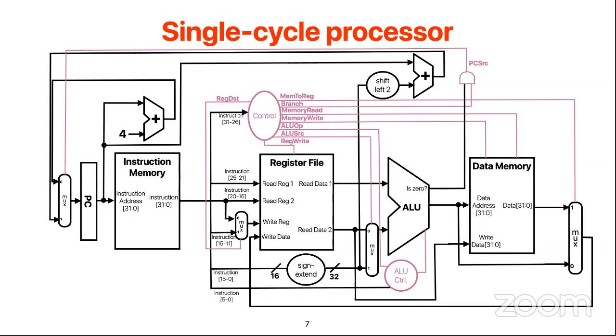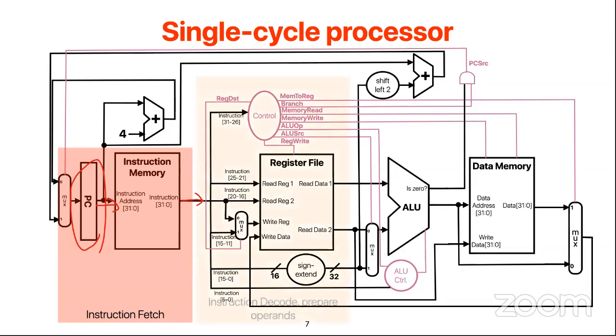If you want to dig into the detail of this single cycle processor design and map it to the life of an instruction that we just mentioned, you can figure out that this part of the circuit is performing instruction fetch. We have a PC that feeds into the instruction memory as the address, and the instruction memory will output 32-bit values.